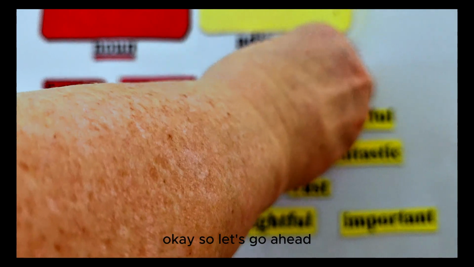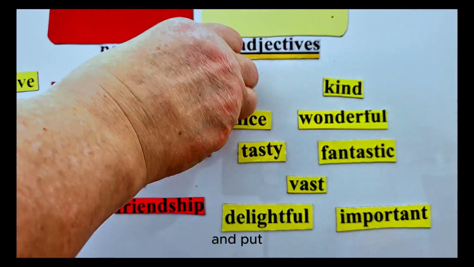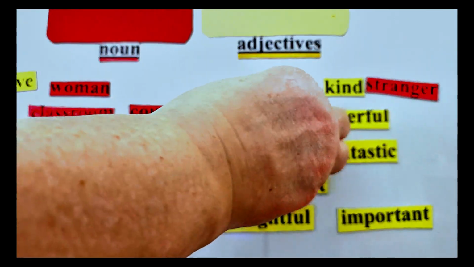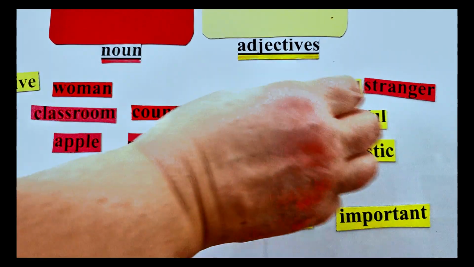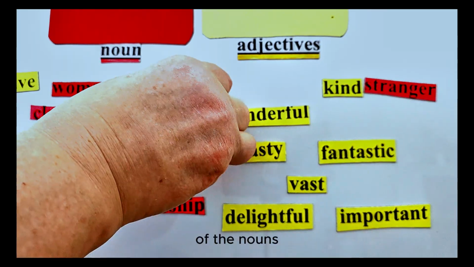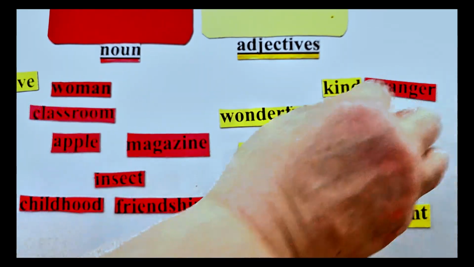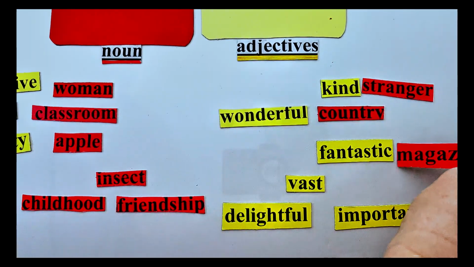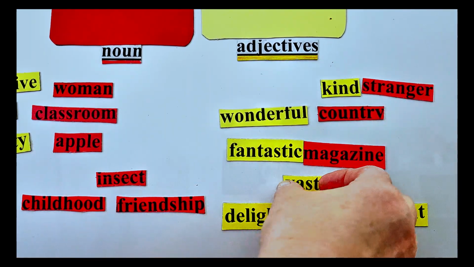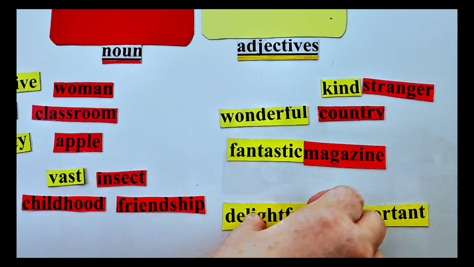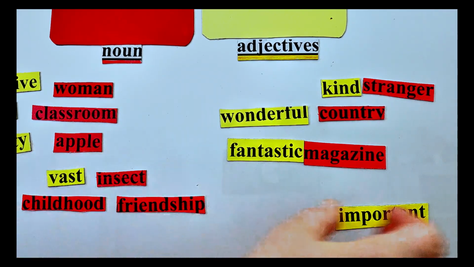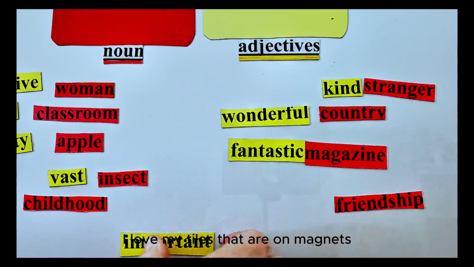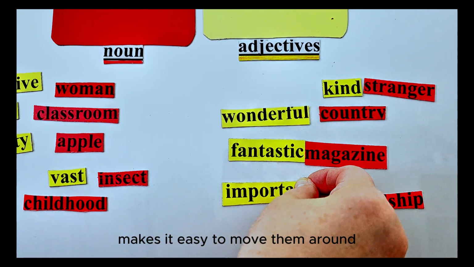Okay, so let's go ahead and put the adjectives in front of the nouns. I love my tiles that are on magnets. It makes it easy to move them around.